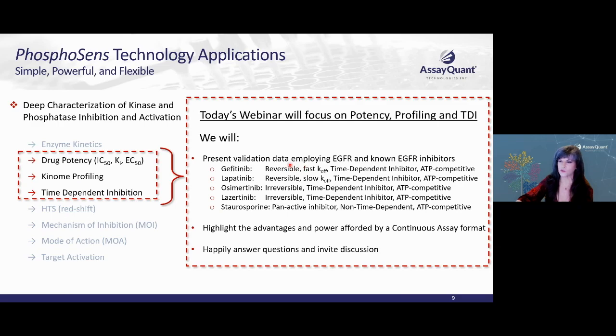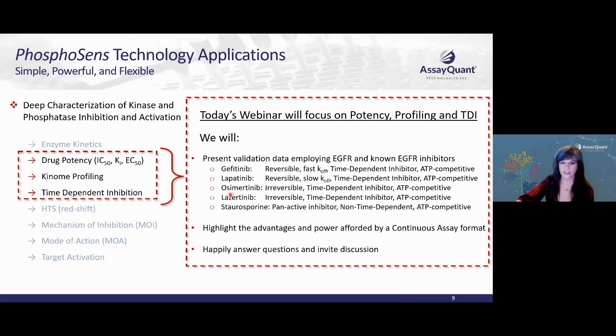The known inhibitors for EGFR are gefitinib, which is a reversible, fast-off, time-dependent inhibitor. It is ATP competitive. Lapatinib is a reversible, slow-off rate, time-dependent inhibitor, also ATP competitive.